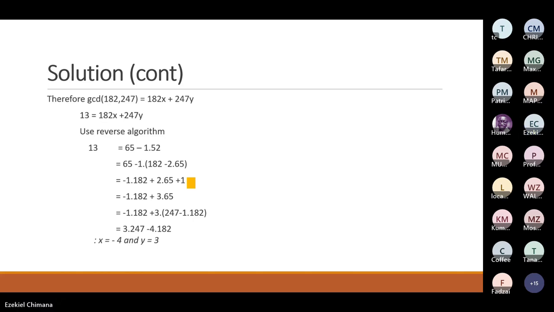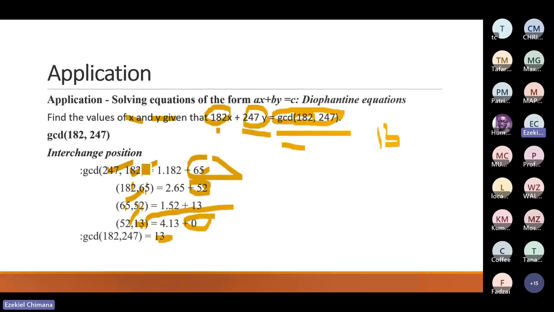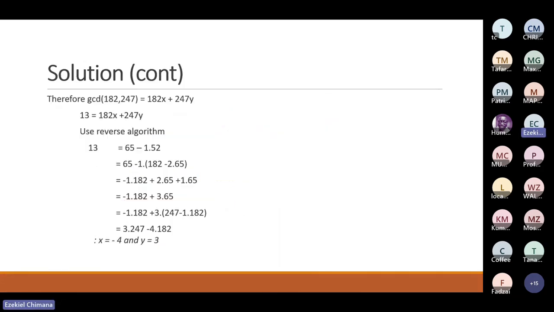So how can you reverse this algorithm so that you can find the value of x and the value of y? Remember that for the GCD, we're going to replace this whole thing with 13, and then you put the equation here.